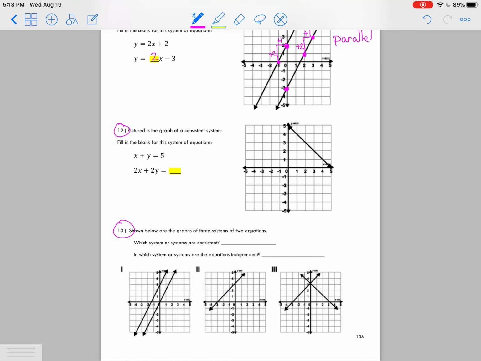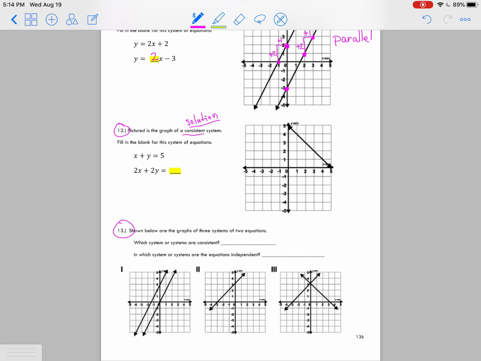Okay, number 12. Pictured is the graph of a consistent system. Fill in the blank for the system of equations. Remember, a consistent system says there is a solution. We definitely have at least one solution, don't we?